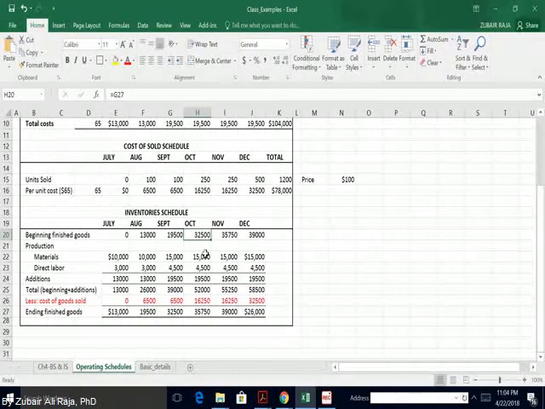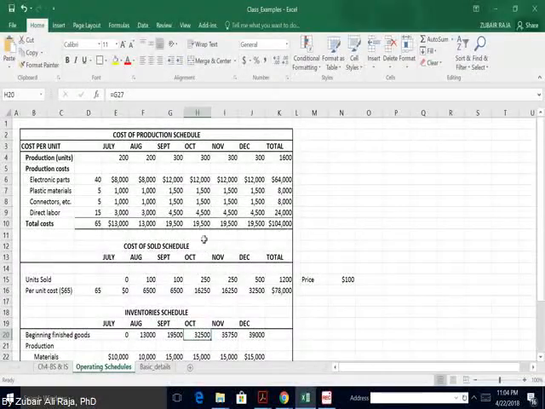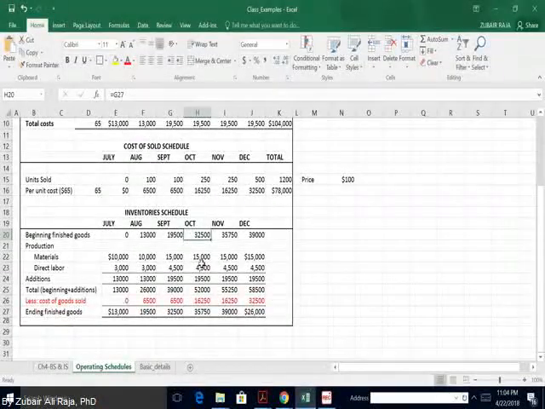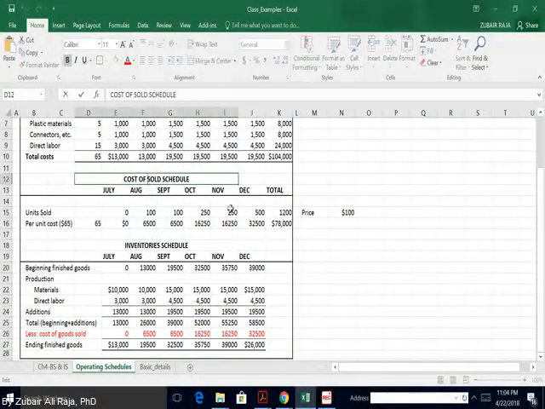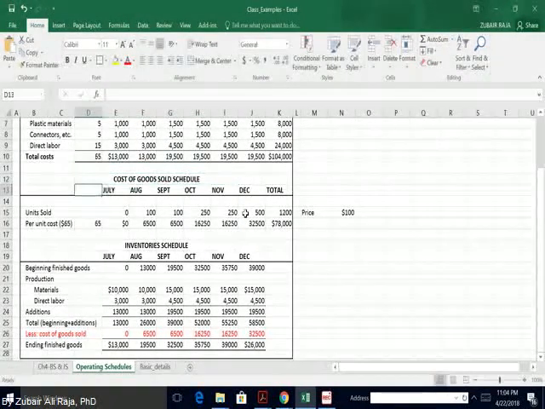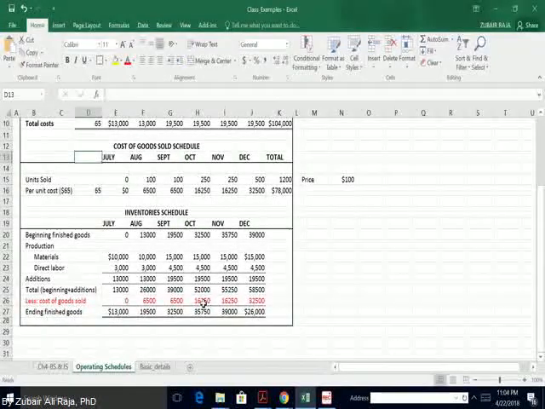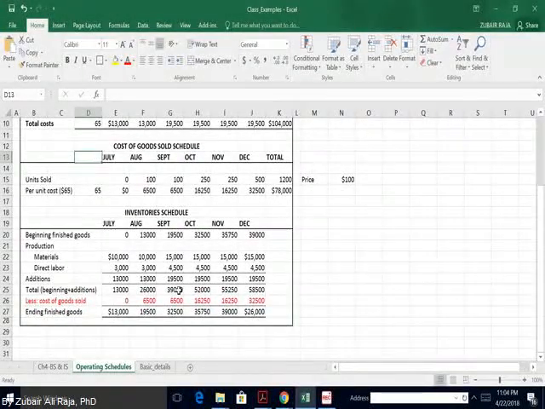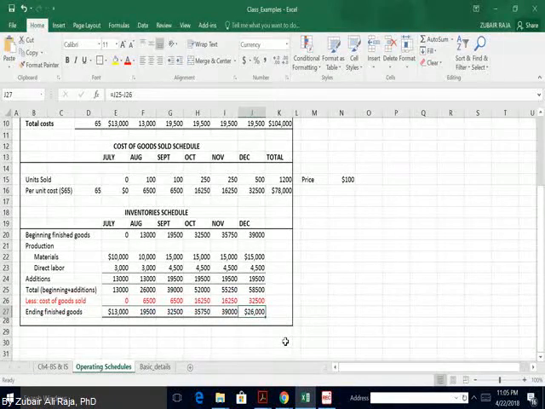If you repeat the same procedure linked with the cost of production schedule and the cost of goods sold schedule, you will see the same numbers. Just repeat the process which I have told you for July, August, September, and eventually you will find that by the end of December your ending finished goods inventory is $26,000.